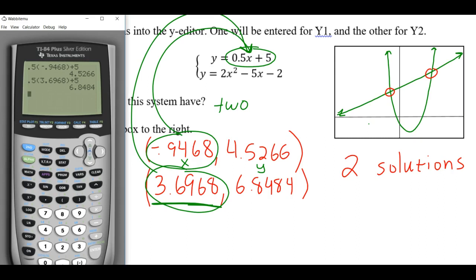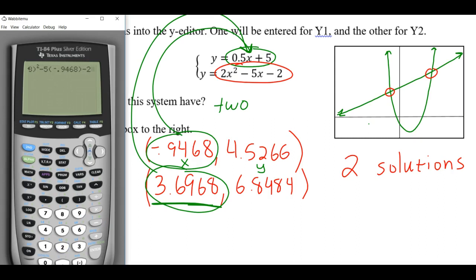Now, what do you think would happen if I plugged both of those x values into this quadratic? They'd work again. They're both solutions to both equations, is what we just found out. For the one with 2 x's, you have to do both of them. So if I just do one of them real quick, I'll do this one on top: 2 times, in parentheses, negative 0.9468, squared, minus 5 times negative 0.9468, minus 2.